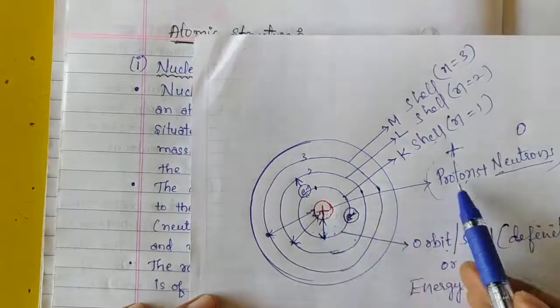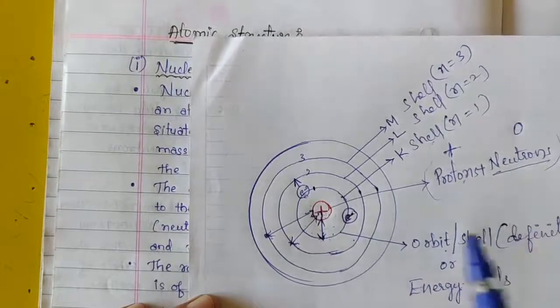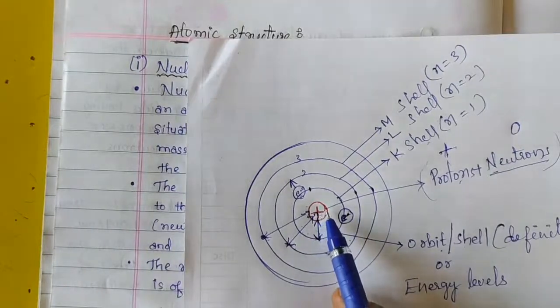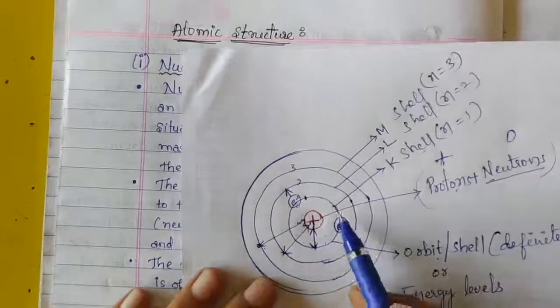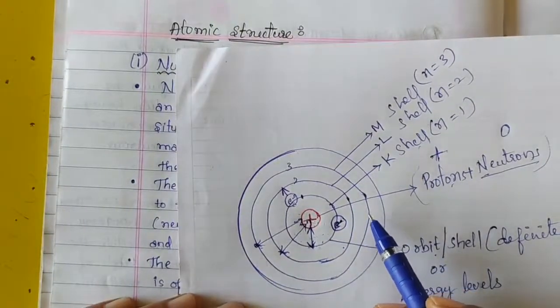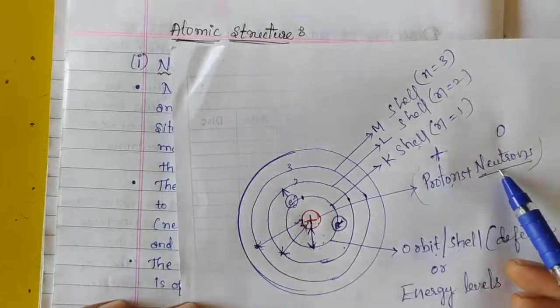Since these protons are positively charged, the nucleus is positively charged. While calculating the mass, we count the number of protons and neutrons.